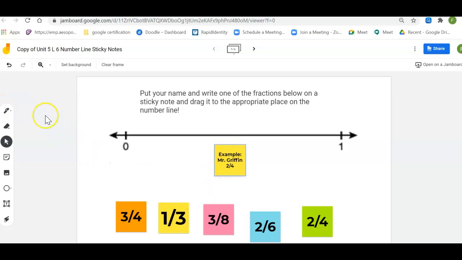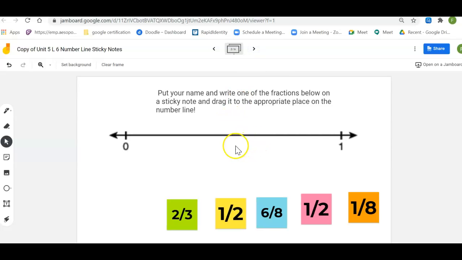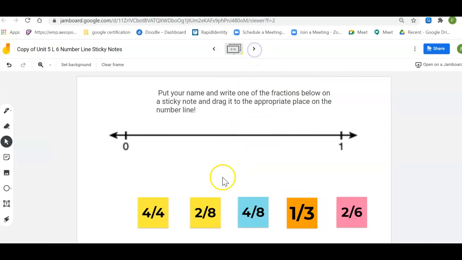All right. So your job is to pick another one of these right here and put it where you think it could be on our number line. You do this one on this particular slide, and then I want you to go down to the second one, pick a different fraction, put it wherever you think it should be.